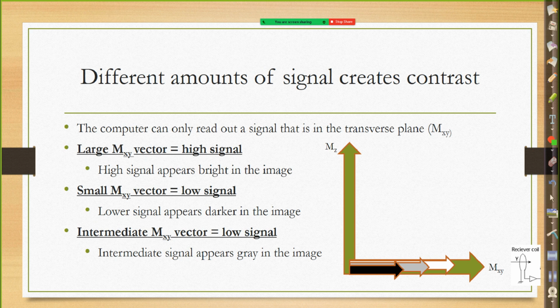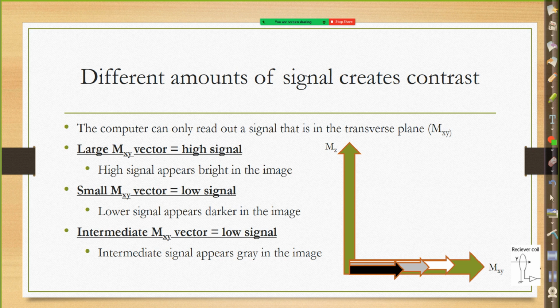So, as I was saying, different amounts of signal create our contrast. The computer can only read out a signal that is in the transverse plane. So if you have a large vector in the transverse plane, like we have with this white vector, you're going to get high signal. And I gave it the color white because if you have high signal, that's going to appear bright on the image.